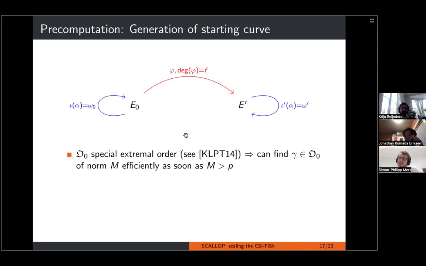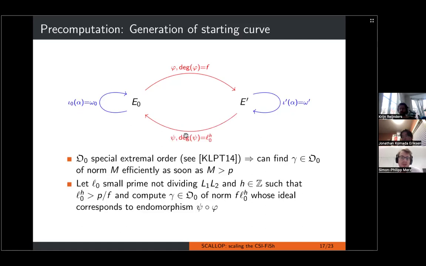But we're lucky because the O0 we chose is what's called a special extremal order. For the definition, I just refer to the KLPT paper, but the upshot is that for these special extremal orders, you can efficiently find some element in your order of norm M as soon as M is larger than your field characteristic P. So this gives us a game plan.